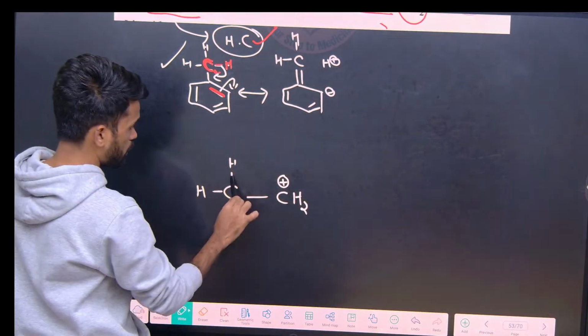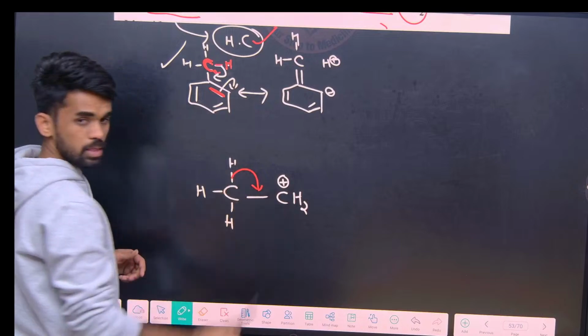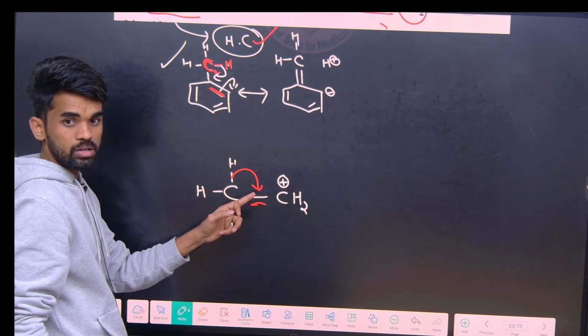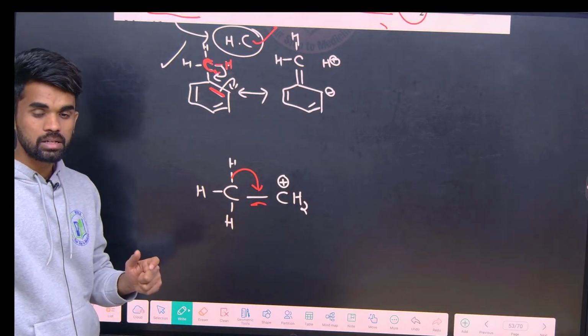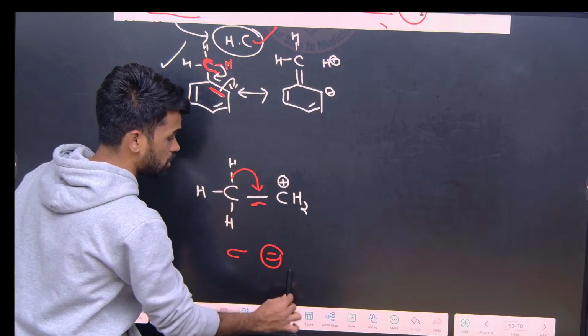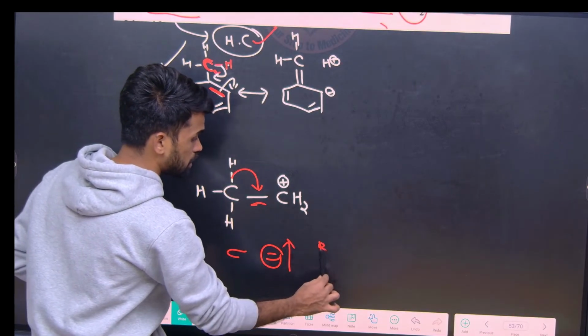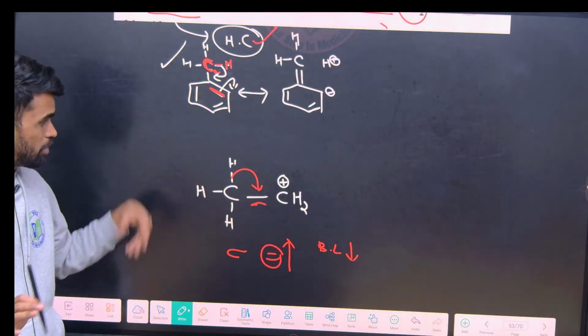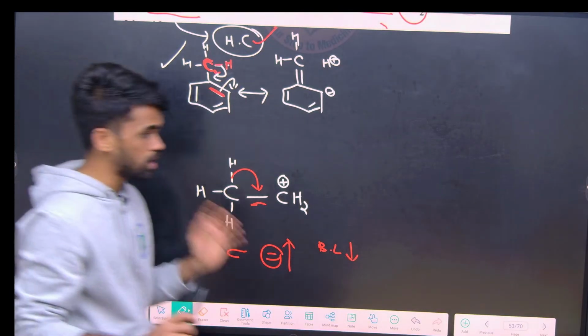Now what happens during hyperconjugation? A sigma bond, single bond, becomes a pi bond, double bond. So what happens to bond length? Bond order is increasing. If bond order increases, bond length decreases. So they will ask application of bond length also by giving different example questions. Okay, right.